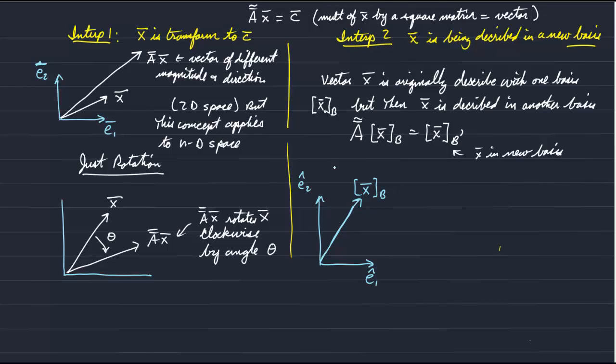Right, x in the first basis, and with this first basis, the component in the E hat 1 direction will have a certain value, and the component in the E hat 2 direction will have a different value, and that would define x in this basis.